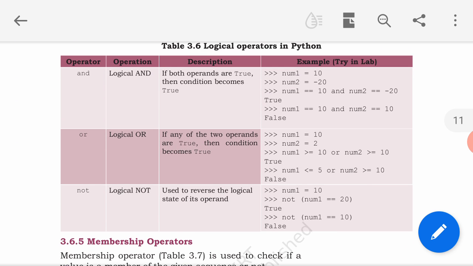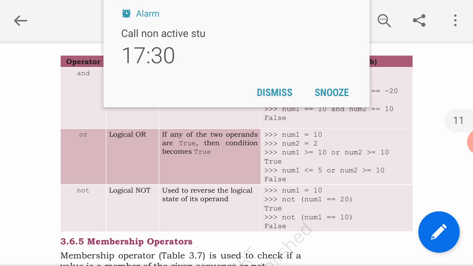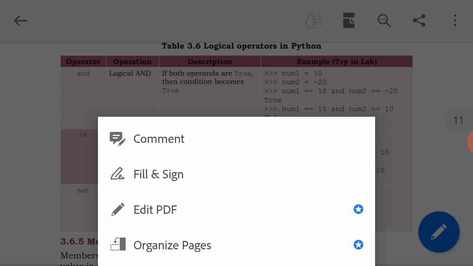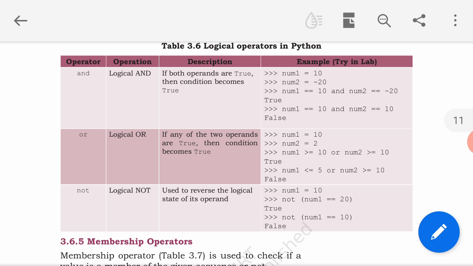First is the AND operator. The logical AND operator gives the value true if both the operands are true. For example, num1 is equal to 10, num2 is minus 20.